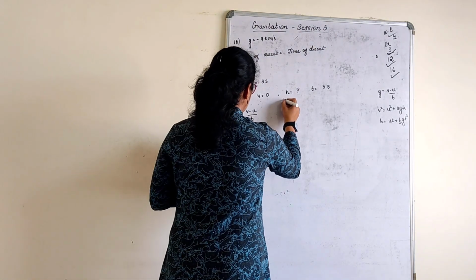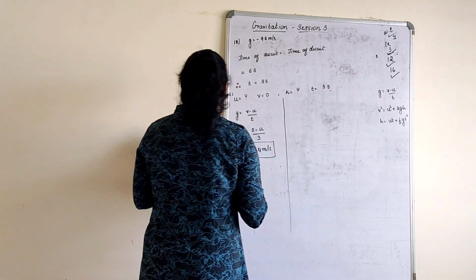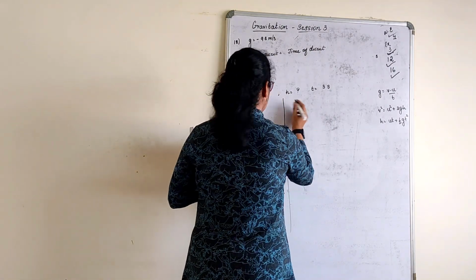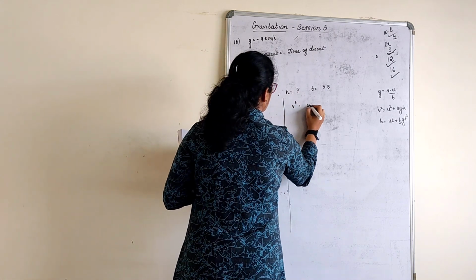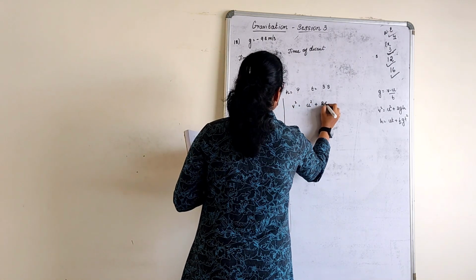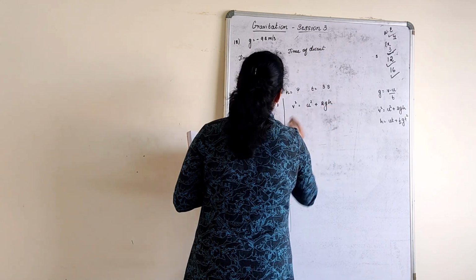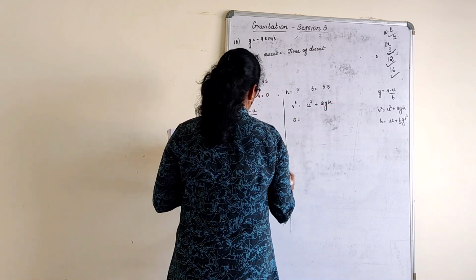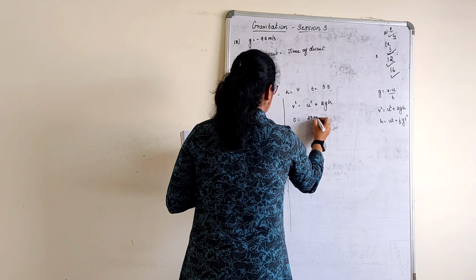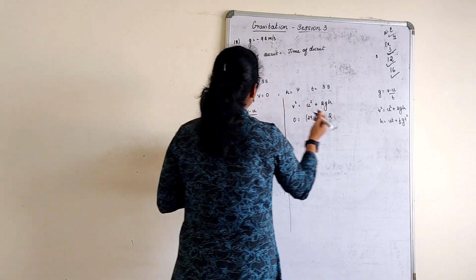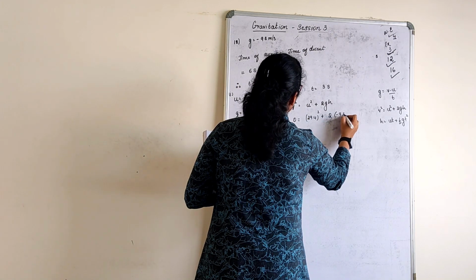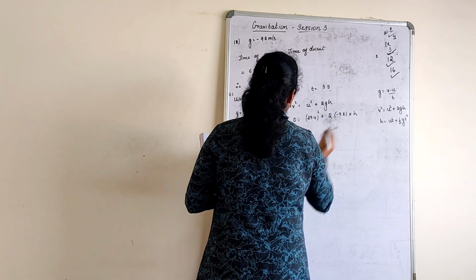Now what do we have to calculate next? The height. So v square is equal to u square plus 2gh. v is 0, u is 29.4 whole square, plus 2 into g, which is minus 9.8, into h.